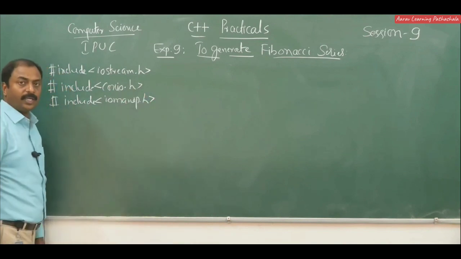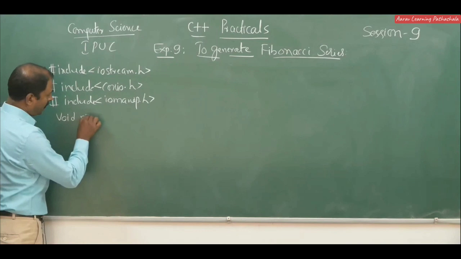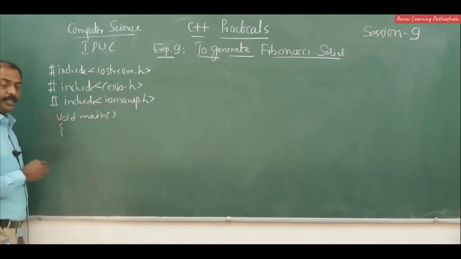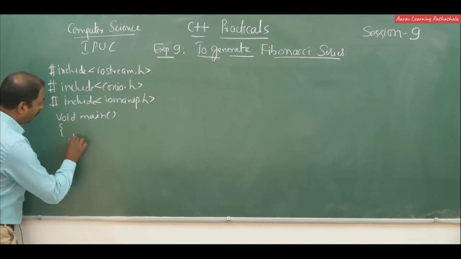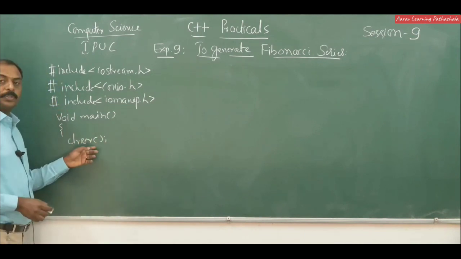These are the header files. Next, the program starts with void main, opens the curly bracket, and here we can make use of the clear screen function. This is to clear the output screen.